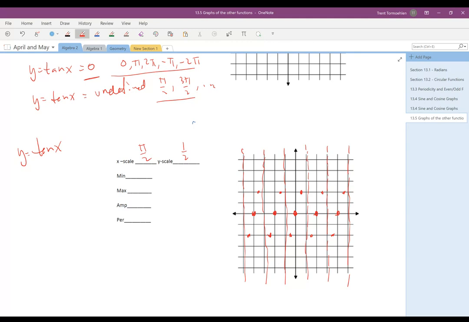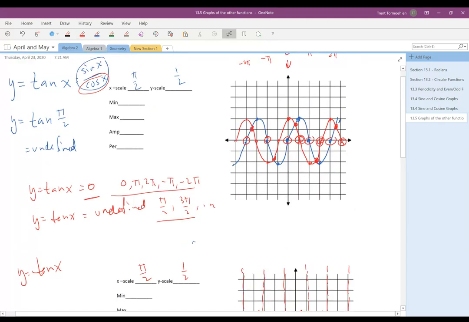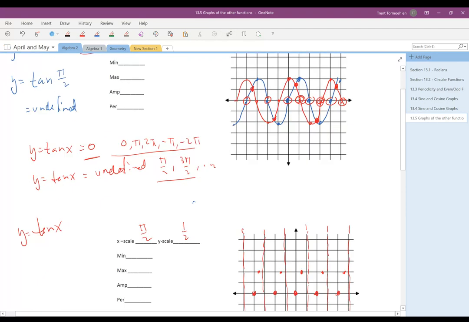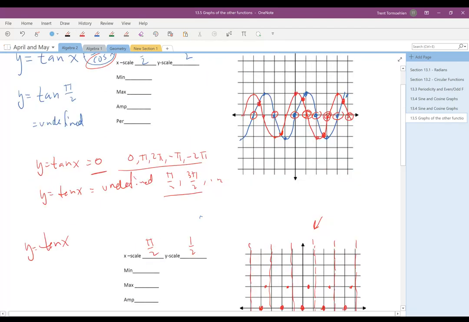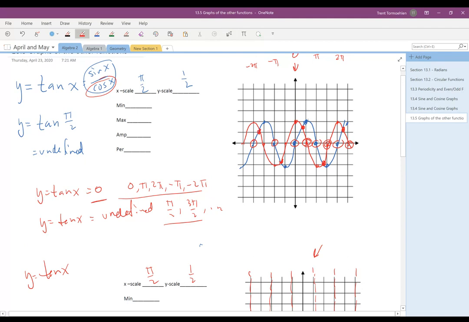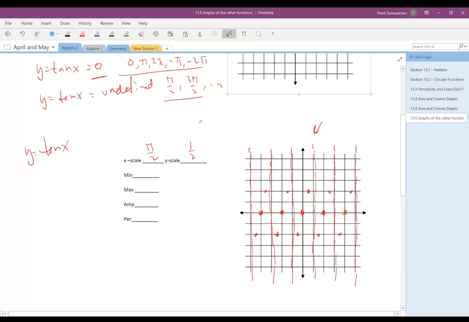And then the last insight to get on this graph is, as we approach pi over 2 right here, as the sine value gets closer and closer to 1, the cosine value gets closer and closer to 0, and so the denominator gets arbitrarily small, while the numerator stays the same, and so the overall function is going to get bigger and bigger and bigger.